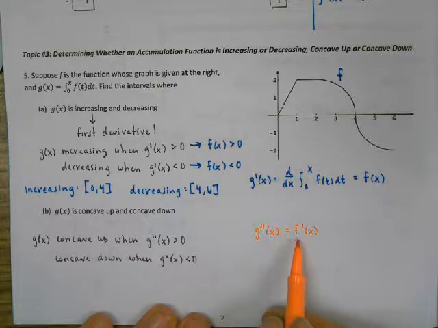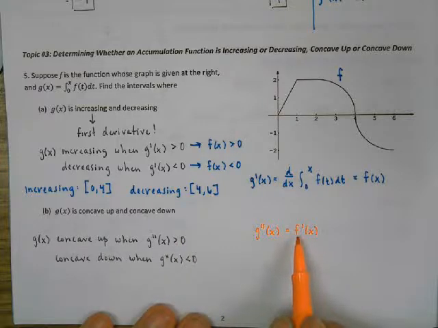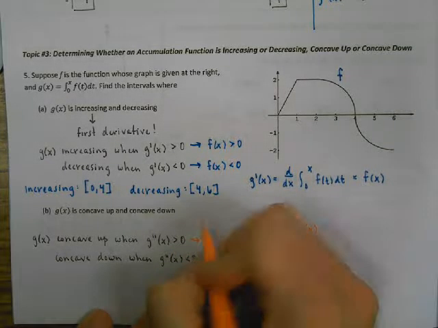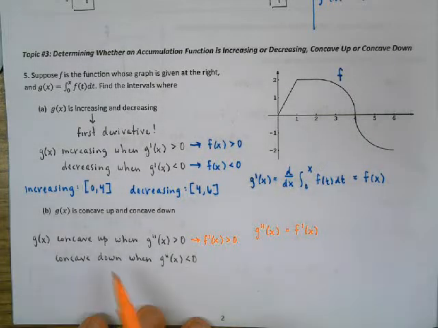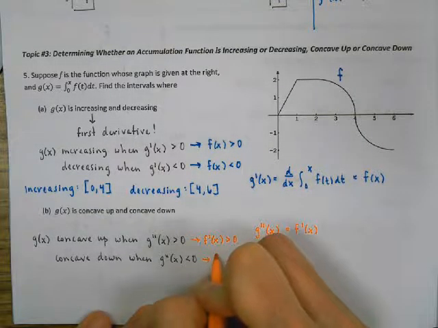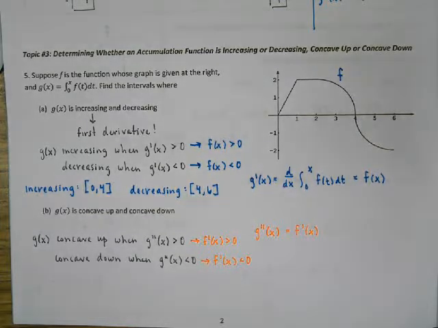However, using what we saw here, I know g double prime of x is equal to f prime of x. So really what I want to know is I'm going to determine concavity by looking at when f prime of x is greater than 0, or when f prime of x is less than 0.